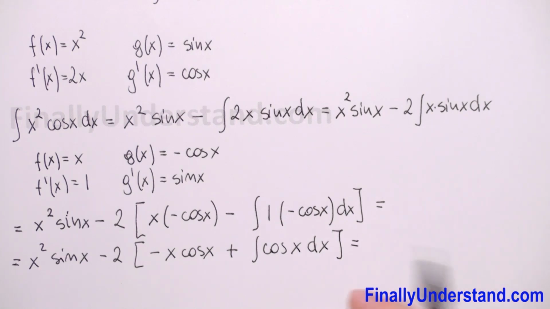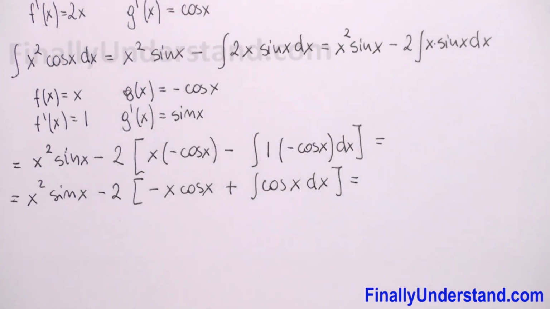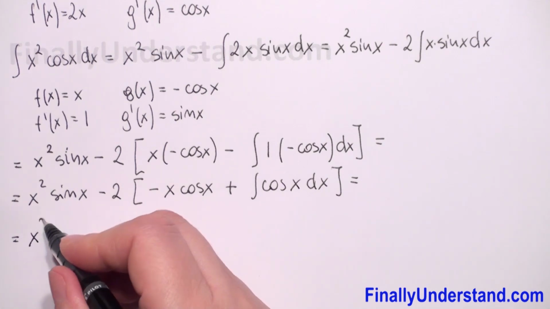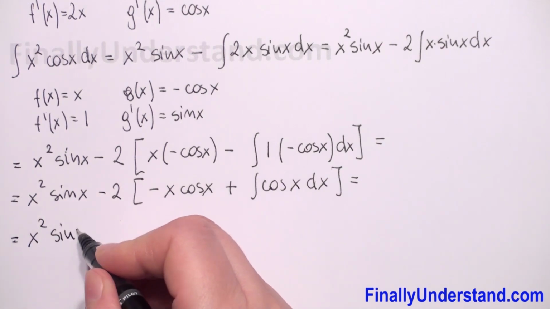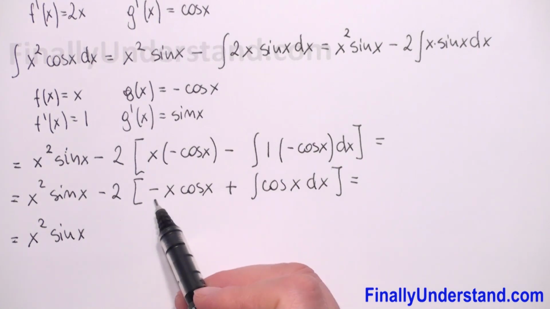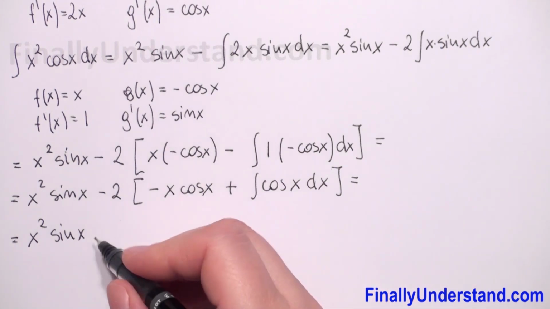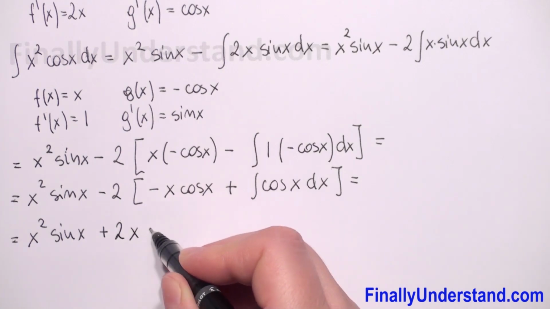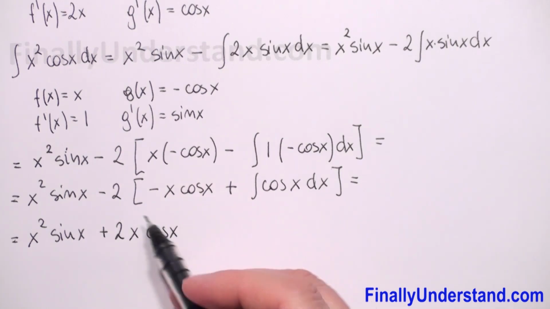Close the brackets. This is equal. We have to copy x squared sine of x. Now we have to multiply by negative 2 the expressions in brackets. So negative times negative is positive 2x cosine of x.